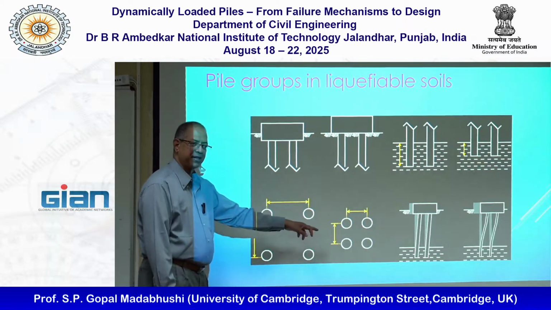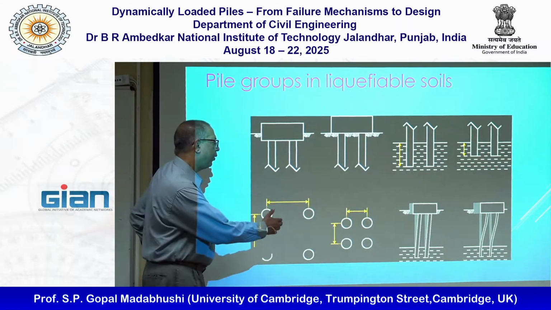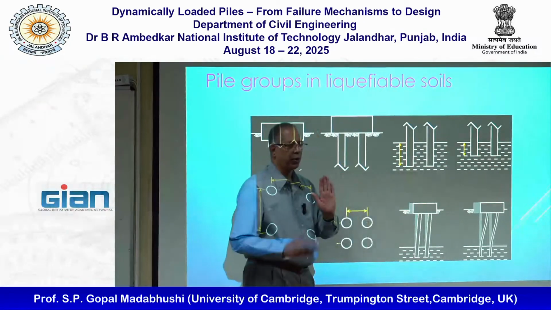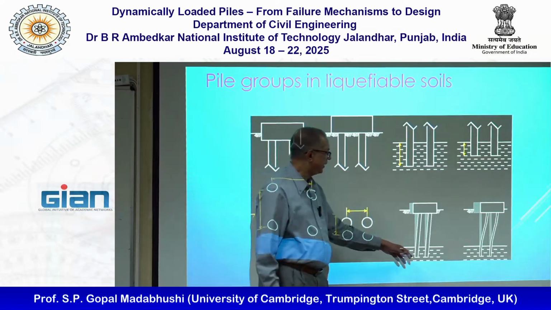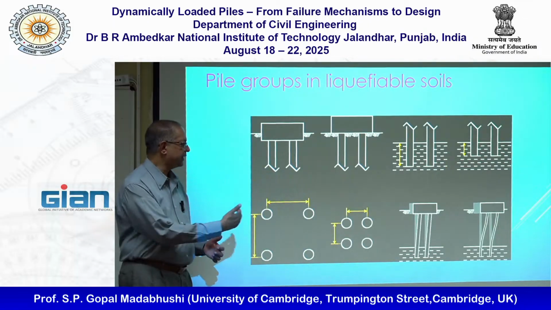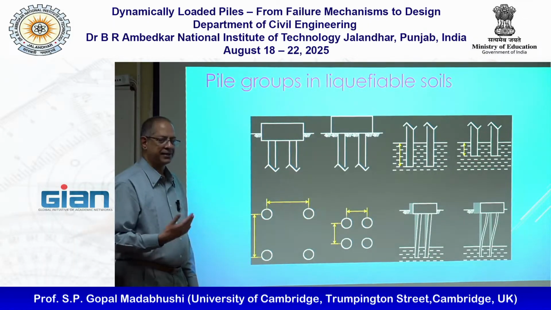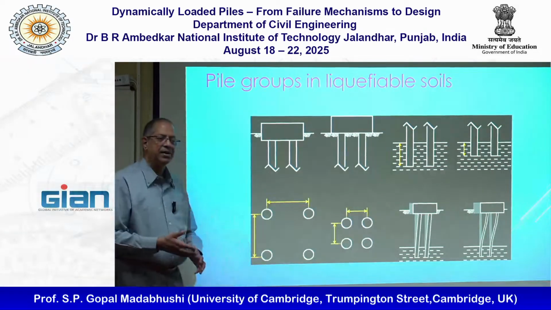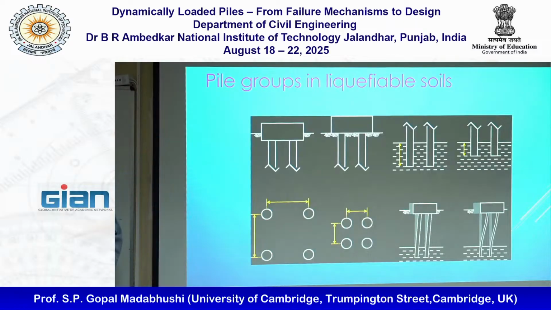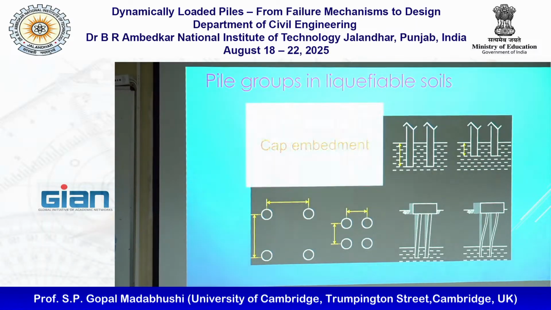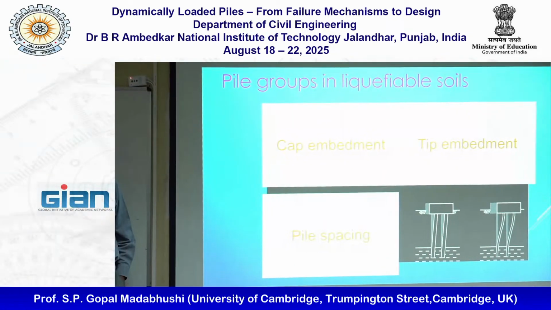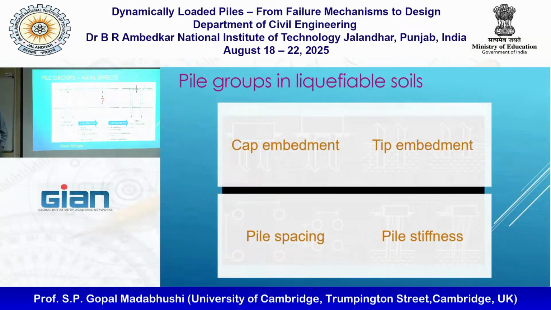Spacing of the piles makes a difference, and depending on the spacing, you can get whether the whole pile group will rotate or it can bend. So is it the flexural stiffness that is important or global rotation that is important? All these things change depending on spacing of the piles. So, cap embedment, pile spacing, tip embedment, and pile stiffness.